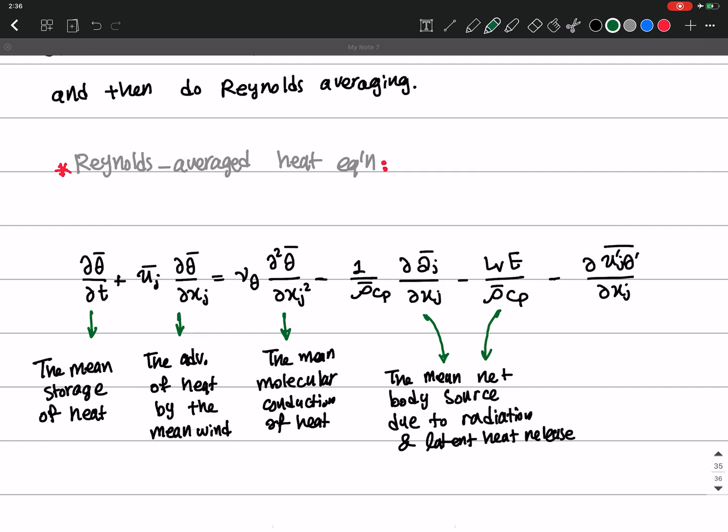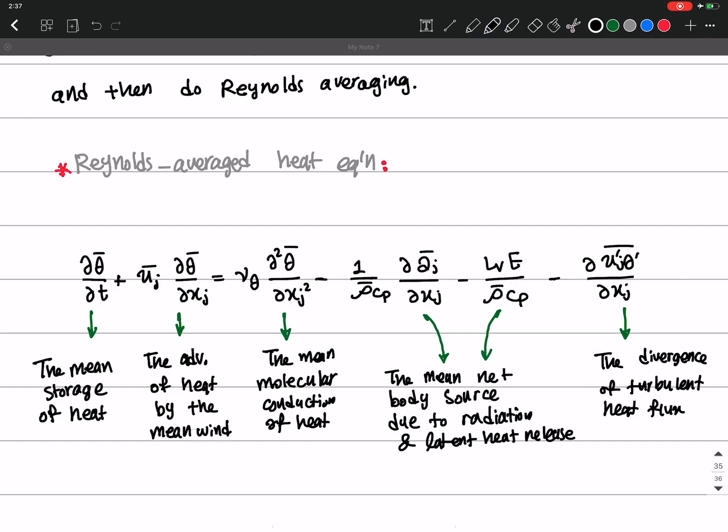Finally, this term is the divergence of turbulent heat flux. So this is actually the additional term that we got due to this Reynolds decomposition.